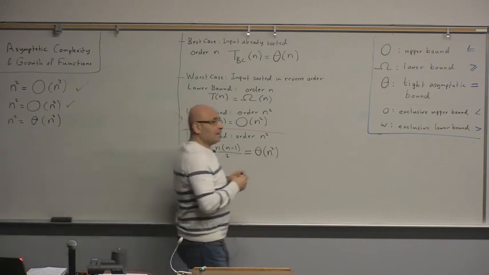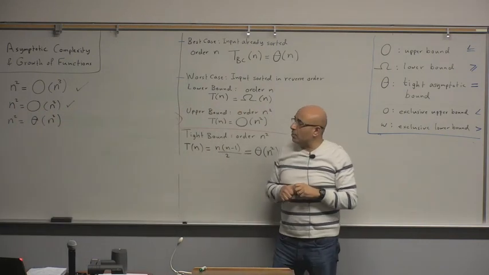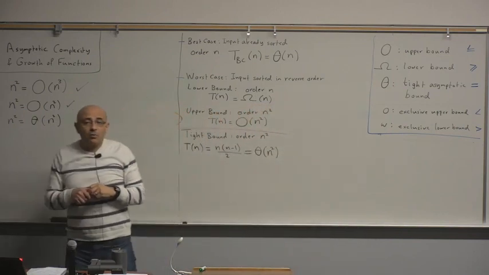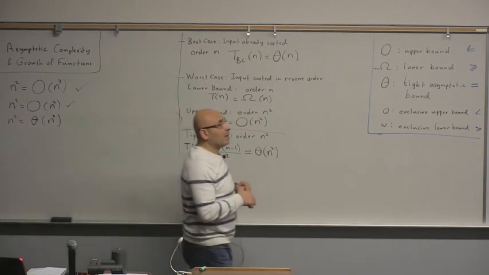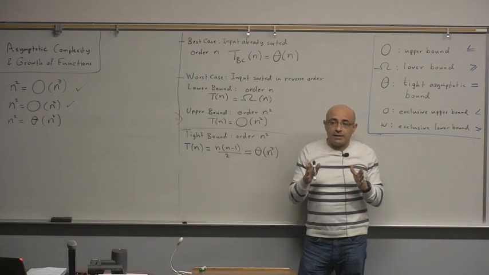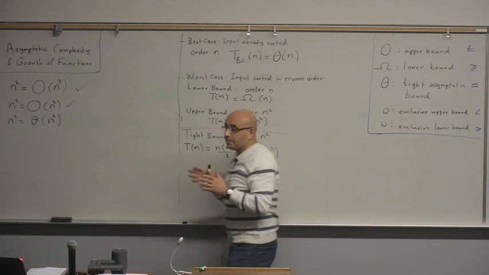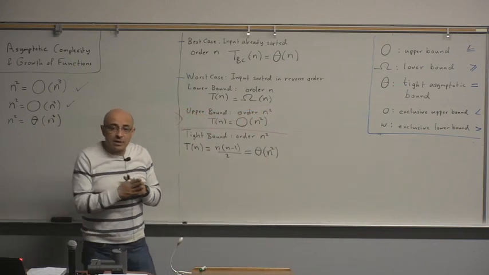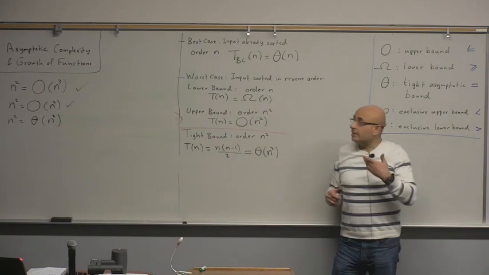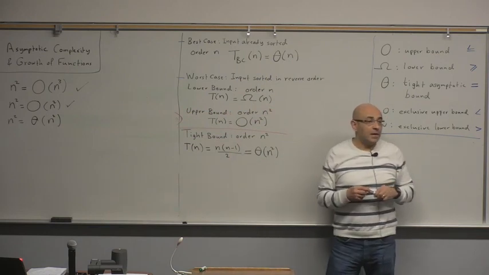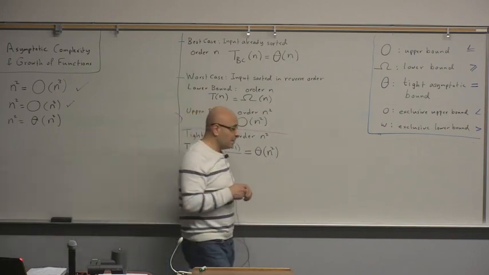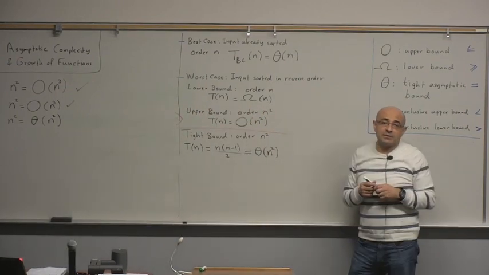People usually use big O more than big theta, and in many cases people use big O when big theta is more appropriate. We use big theta when we have done a precise analysis. Sometimes people do a precise analysis and still use big O instead of big theta. This is common practice.